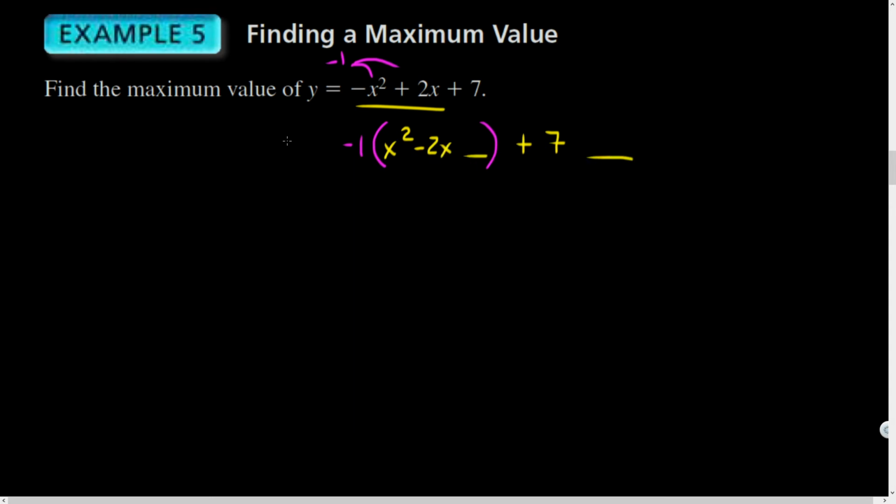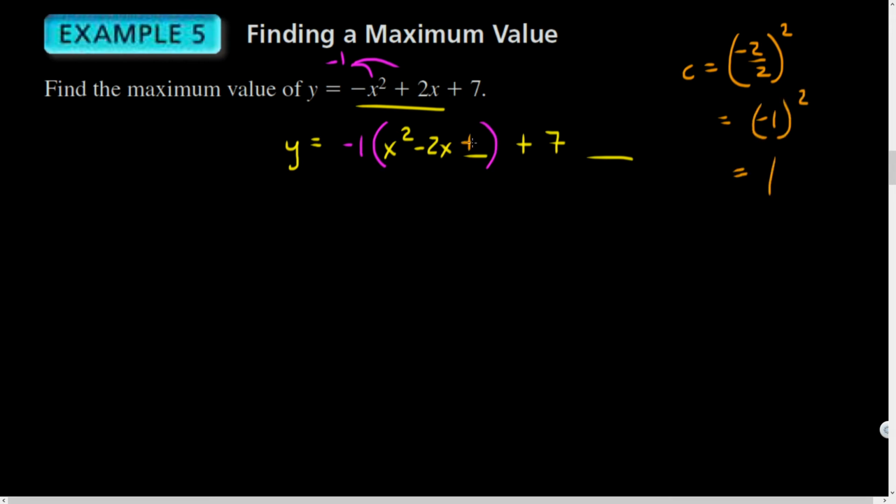I'm going to try to complete the square of what's on the inside, and I'll have to balance what I do with something on the outside. So let's find a new c term. That's going to be -2 divided by 2 all squared, -1 all squared equals 1.